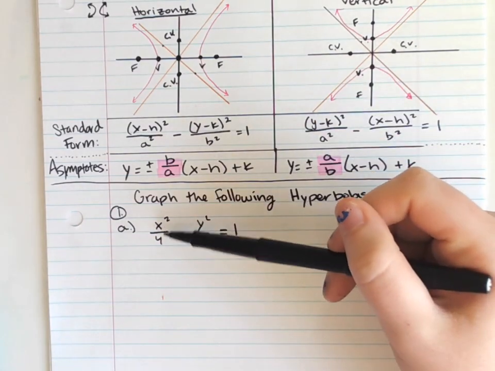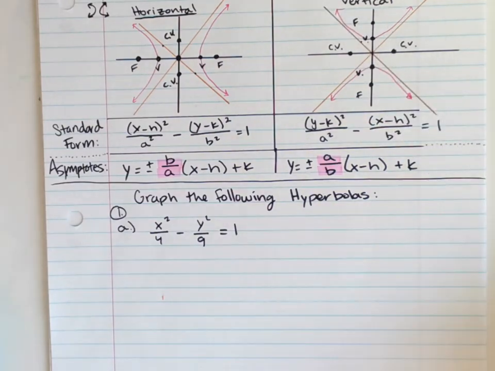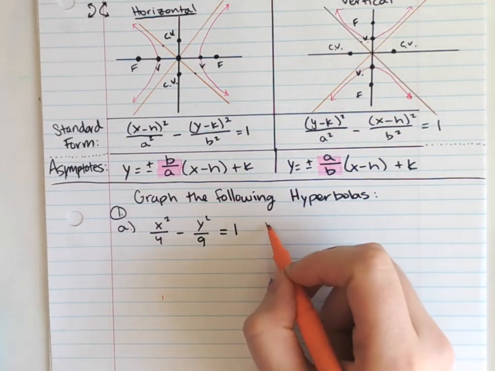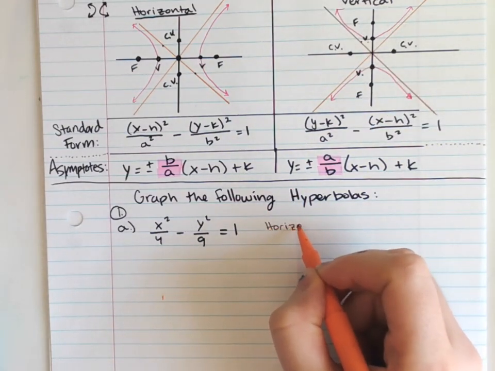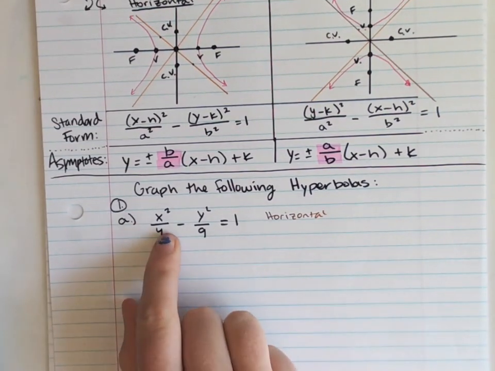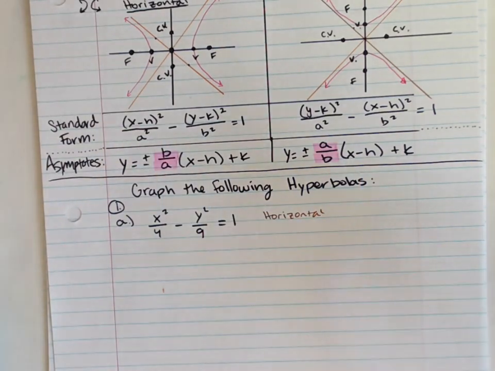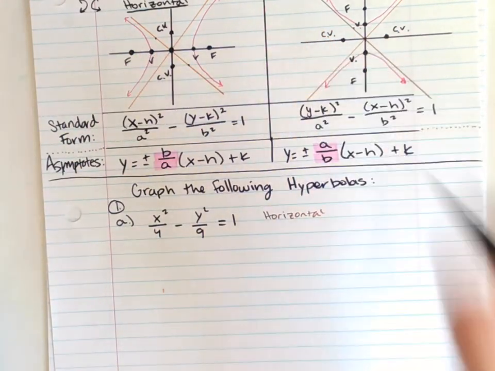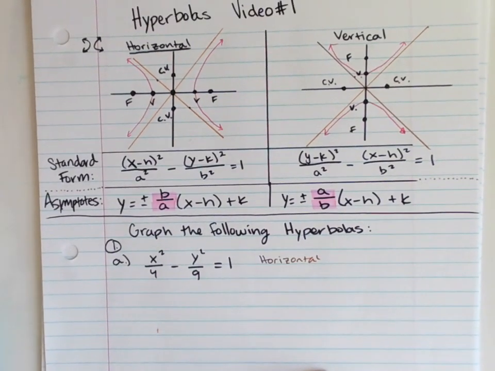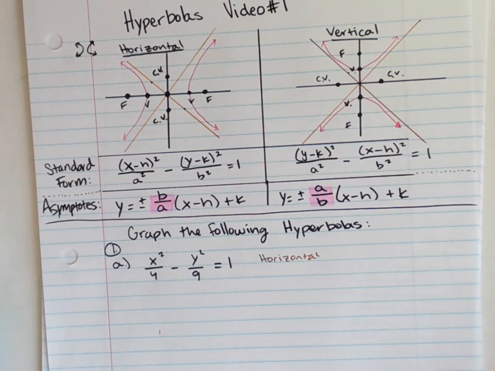Since the x is listed first ahead of the subtraction sign, that means it's going to be a horizontal hyperbola. So the difference between these two equations is if x is listed first, then it's going to be horizontal. If y is listed first, it's going to be vertical. I like symmetry.